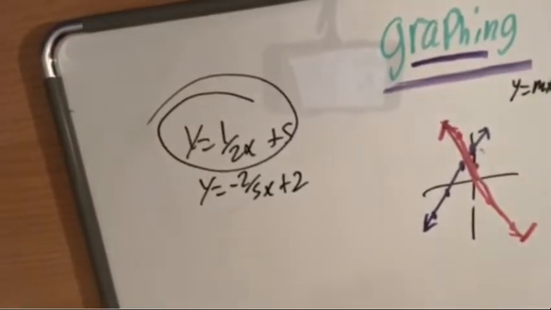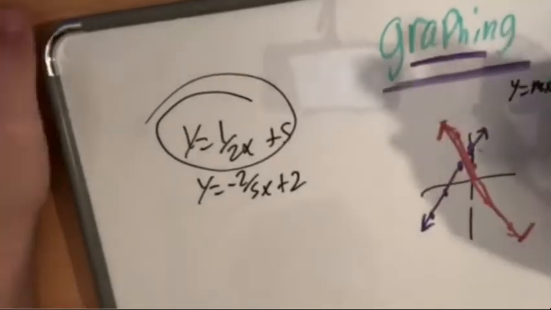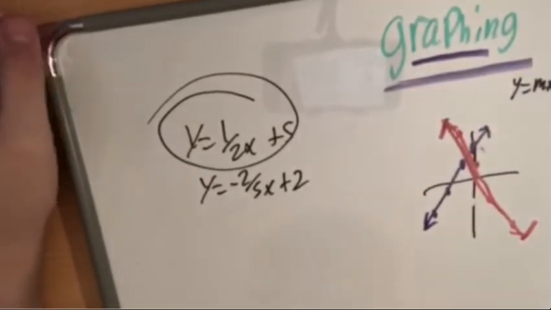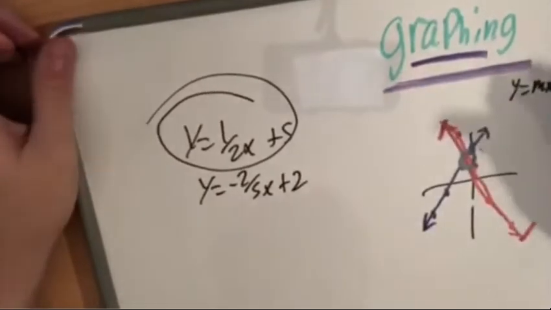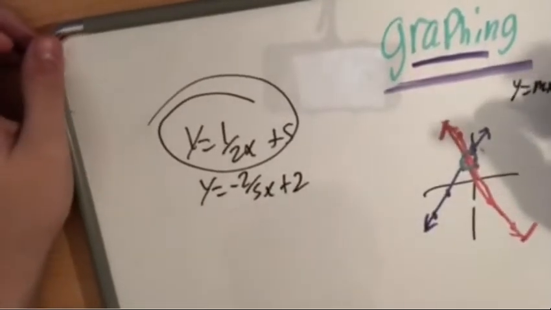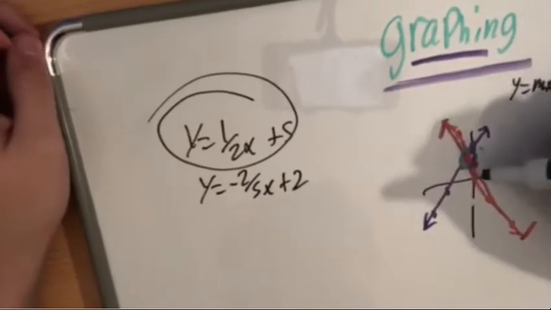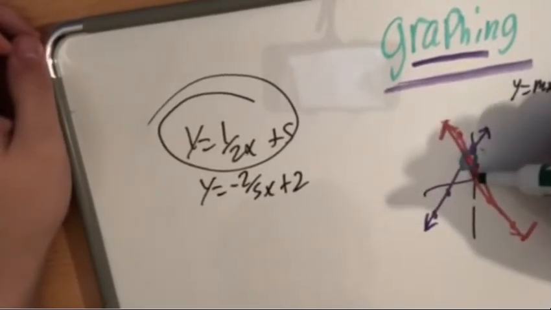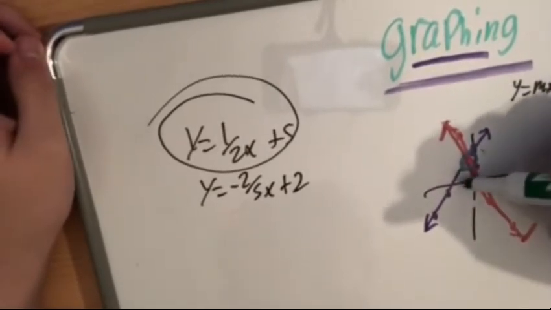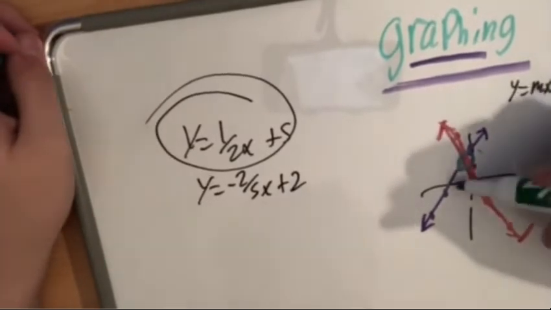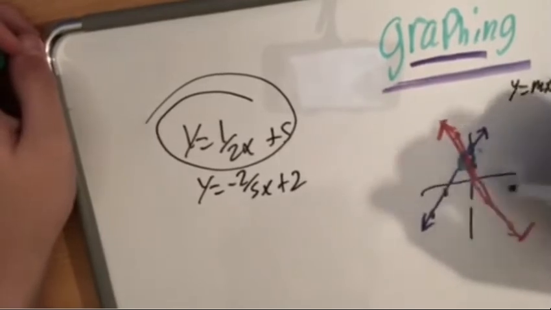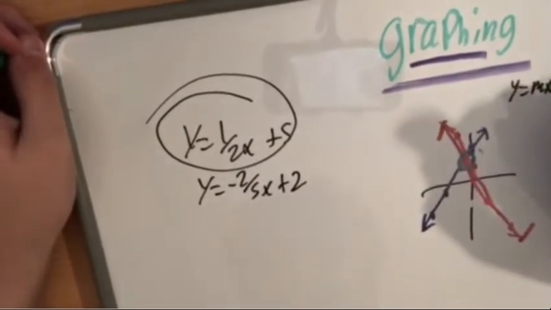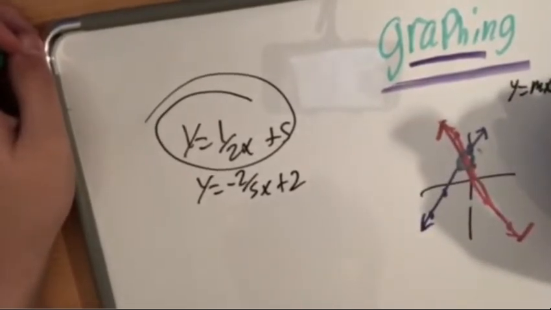So now we have an intersecting point, which is right here. So we have to determine where that is. So first, we always do x first, which is the horizontal line.